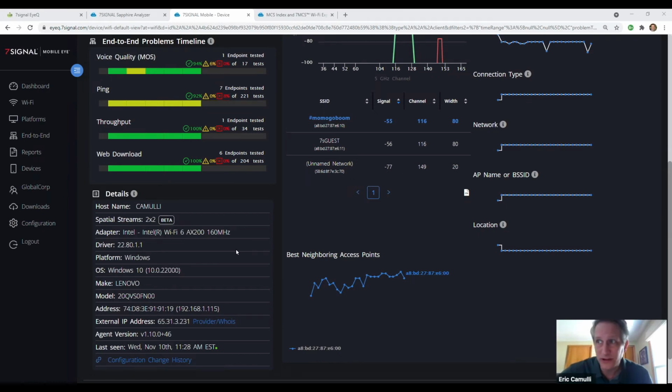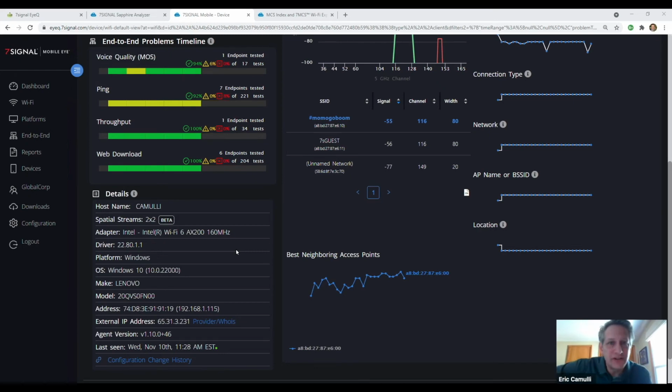Like most Windows laptops, my device is a 2x2. That's 2 input, 2 output, 2 spatial streams. And if you have a MacBook Pro, like you guys probably do, then it's going to be a 3x3. Again, that's a force multiplier indicating how fast I could and perhaps even should be able to go.